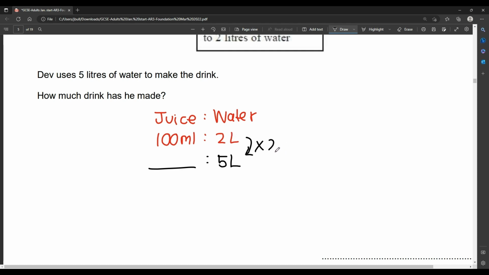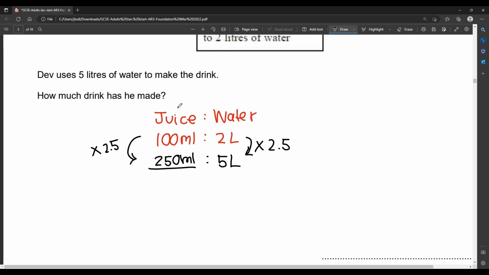So 2 times 2.5 would give me 5. Okay, so that's what I've done to that side. I have to do exactly the same to the other side. So 100 times 2.5, which is going to give me 250 milliliters. So this was the first mark for this question, working out that missing part of the ratio.